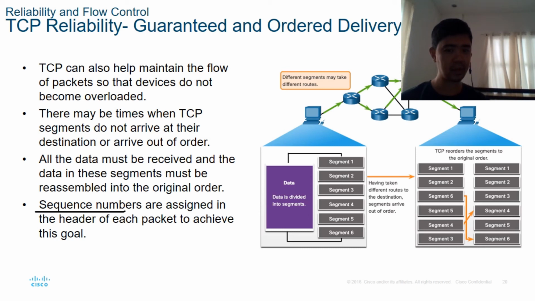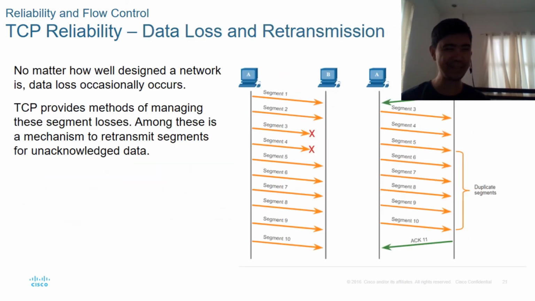If a part of the segments is lost, the mechanism is to retransmit the unacknowledged part of the segments, or data.